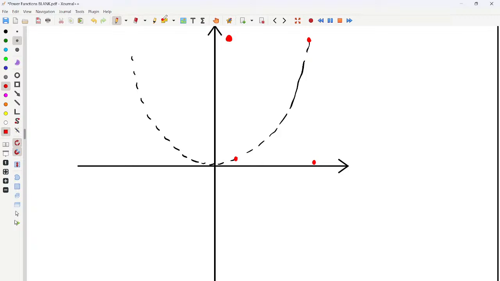What happens when we reciprocate 0? We had 0 on top of 1. So we have 1 on top of 0. We don't want to divide by 0. That's undefined. So actually, there's no output at 0.